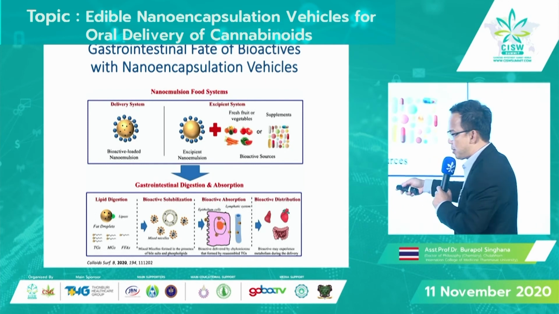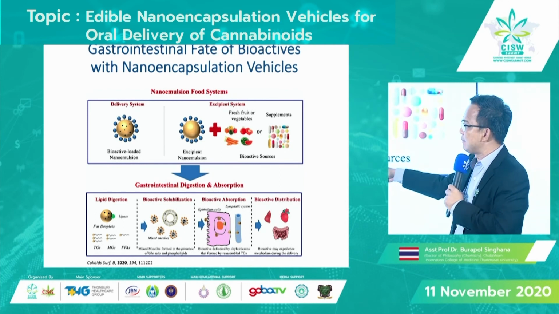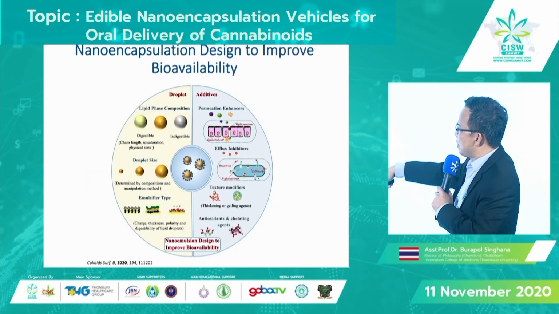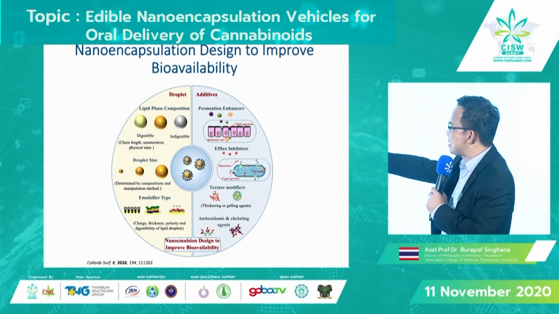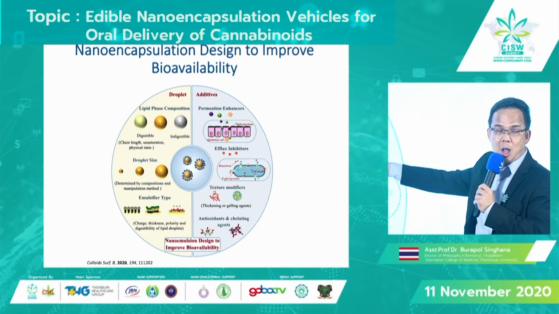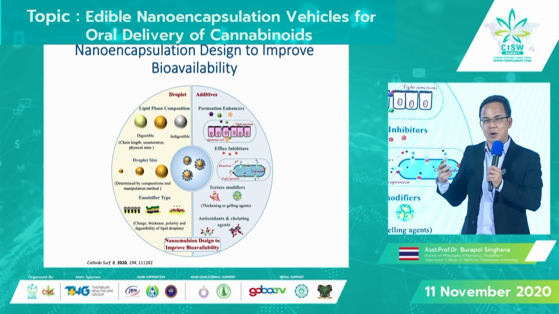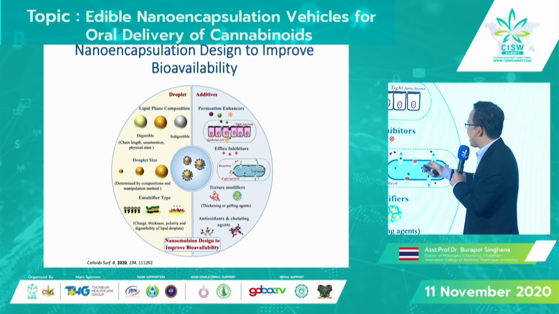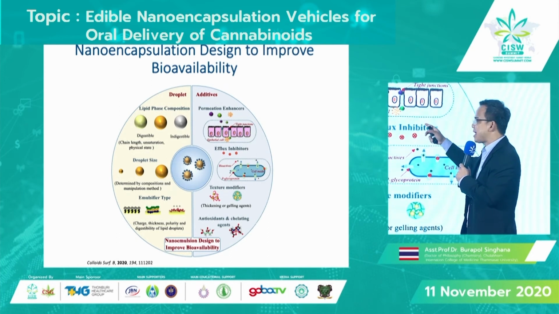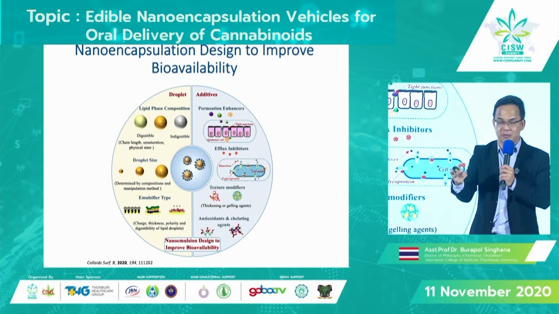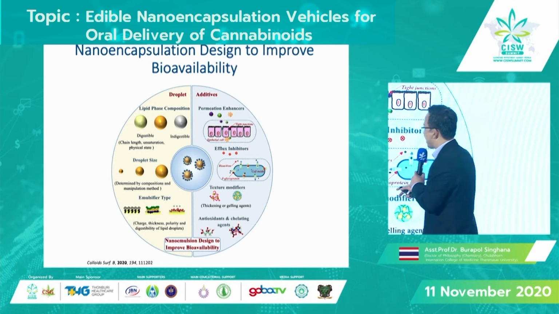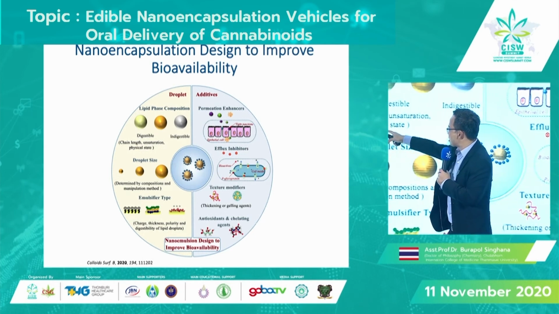We know this behavior in our body very well. Based on this, you can design your particle. What kind of lipid are you going to use for making an edible nano carrier? You can use digestible or indigestible lipid depending on your application, and you have to be concerned about chain length.